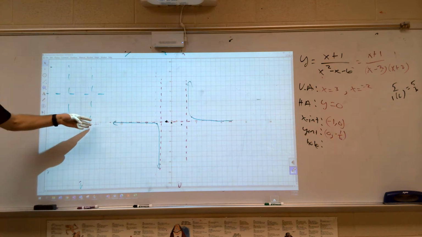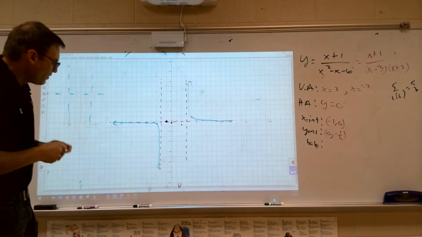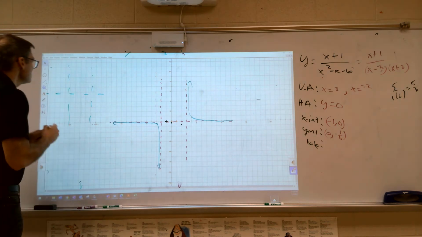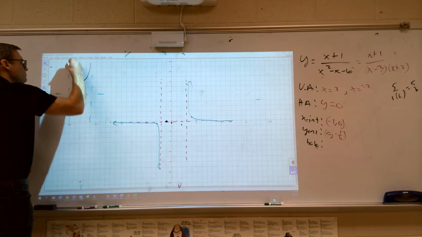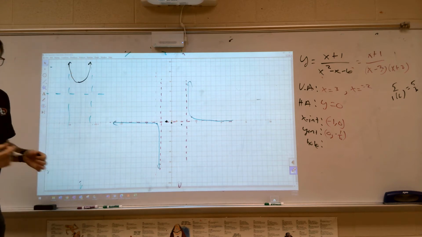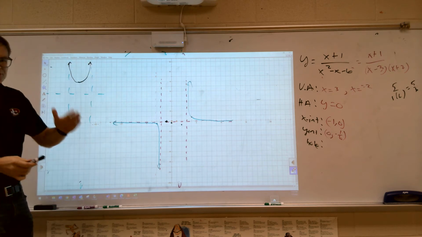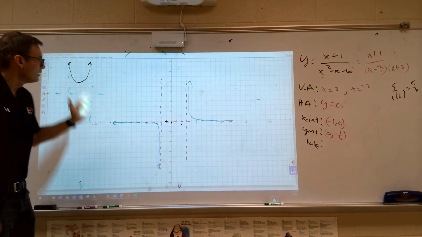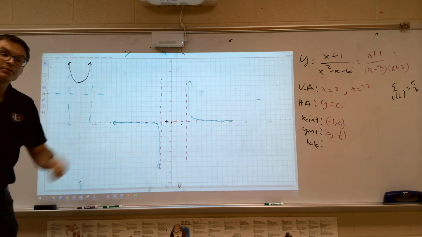So here's my vertical asymptotes, here's a horizontal asymptote, and so one thing that can happen is you get something that looks like this. I would say it's a parabola, but it's not quite a parabola because it goes straight up. Parabolas don't go straight up, they kind of curve up. So it goes straight up and straight up. So you could have a little parabola that sort of curves up.